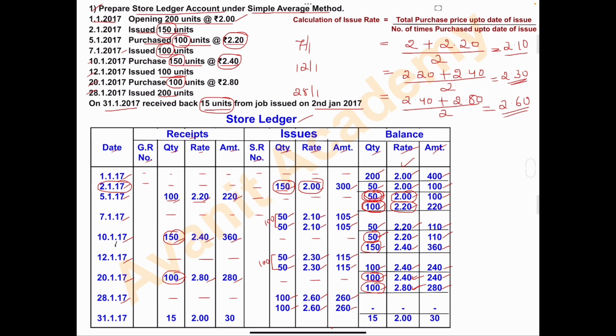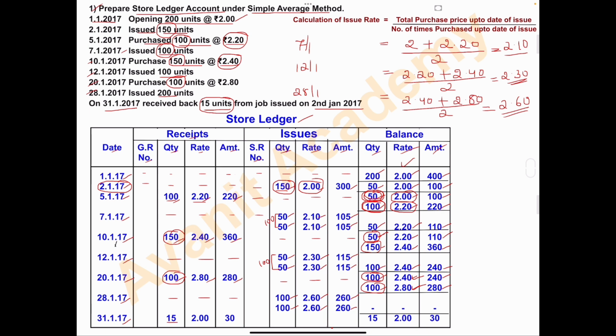Return to store, we have to take in receipts column, and return to vendor, return to seller, we have to write in issues column. So 31st January received back 15 units from job which were issued on 2nd January. In solution write 31st January, write this entry in receipts column 15 units.